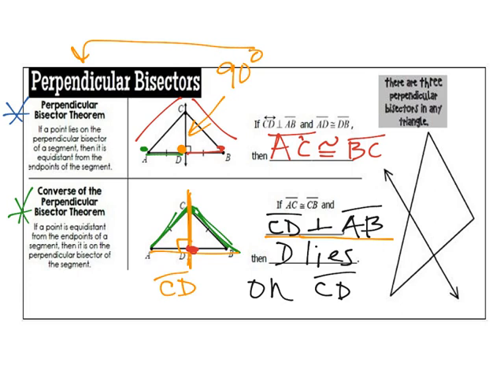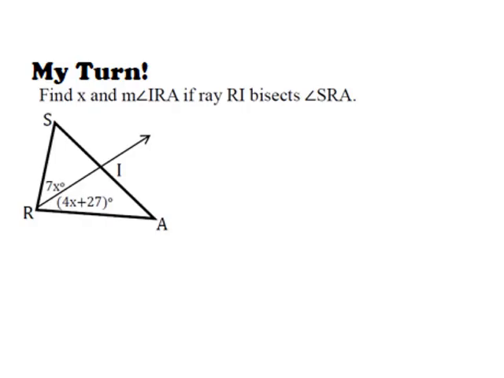Okay? It may sound kind of obvious, and it is. It's just a mathematical way of proving that these perpendicular bisectors are creating 90 degrees with the lines they're crossing. So let's move right into the my turn, your turns, and then we'll go to independent practice and an exit ticket.